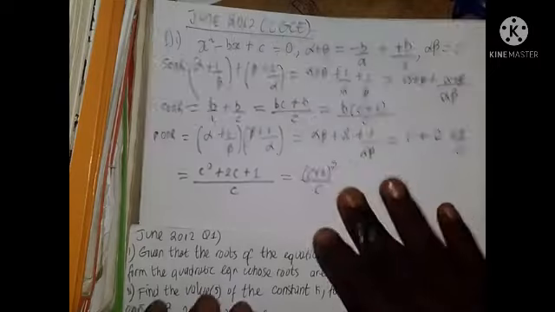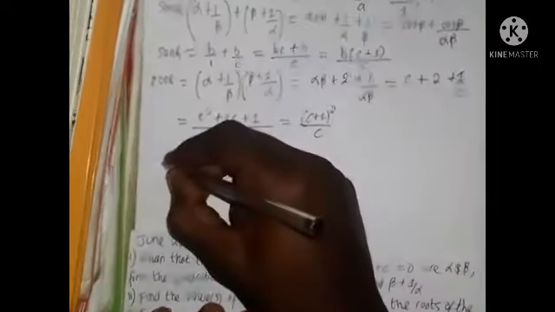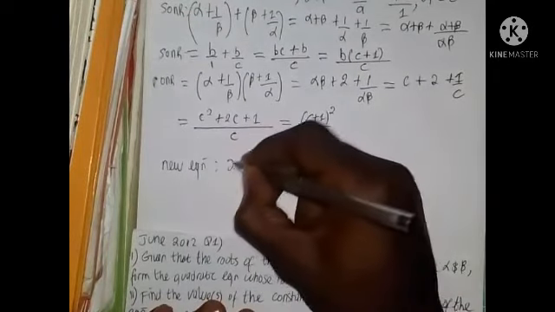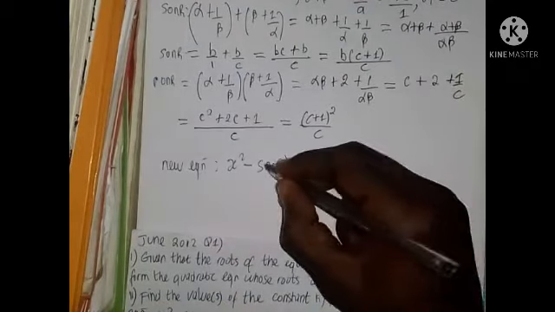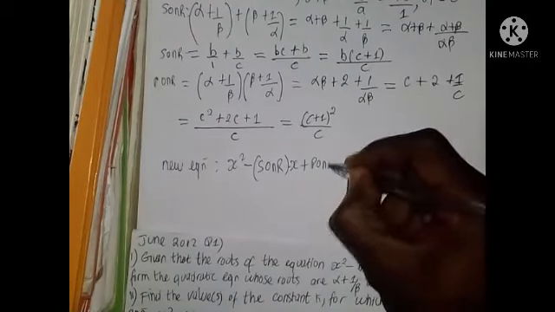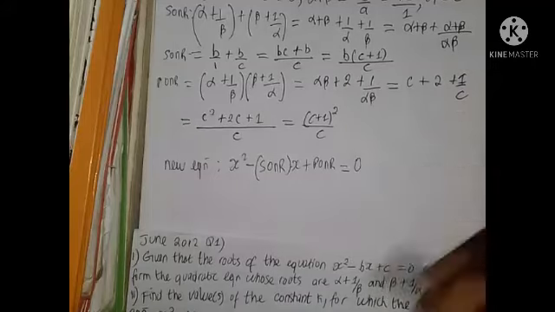Now let's get our new equation. Now the formula for the new equation is x squared minus sum of new roots, all this multiplied by x, plus product of new roots equal to 0.